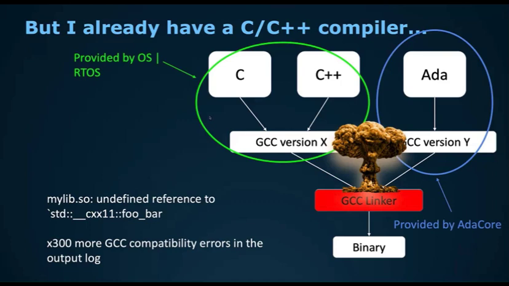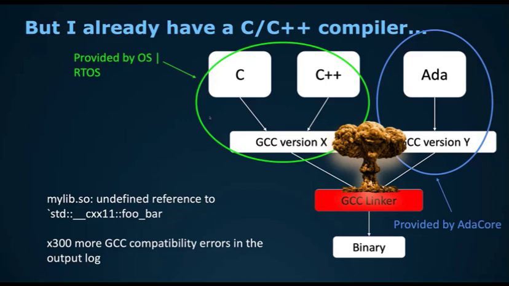Now, if you look at this error and you try to decode what that means, it's a little difficult. In reality, you probably would have to ask a compiler expert to understand what these errors mean. Because if you look at this, it says undefined reference. It looks like a linking error, but it's pointing at a C++11 library here. So is it an issue with the C++ library?